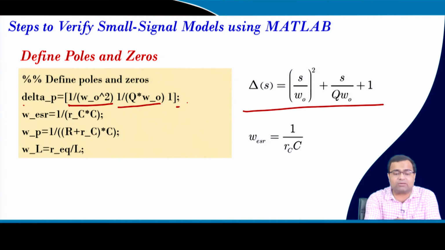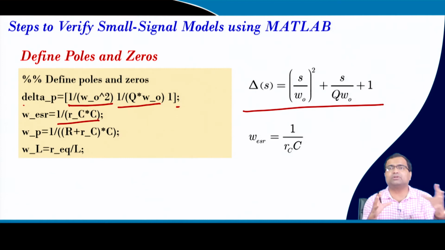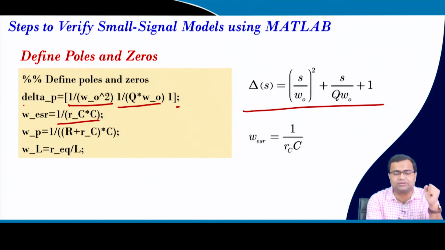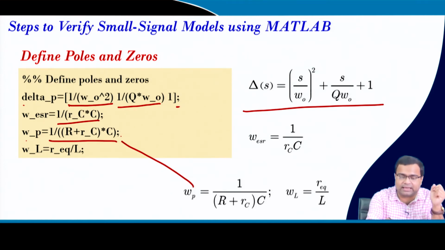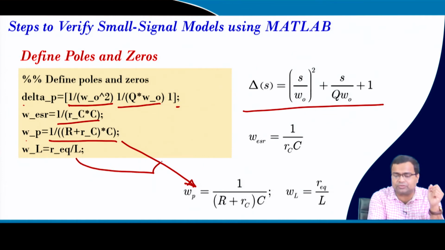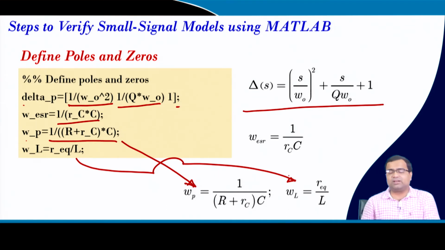Then the ESR zero is 1 by RC, simply set here as ESR 0. The ESR 0 is just a constant, so we do not have to bother about it. Then the pole is 1 by this, it is here, and the other zero is here, R equivalent by L.